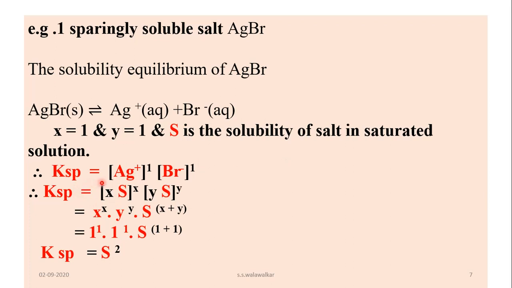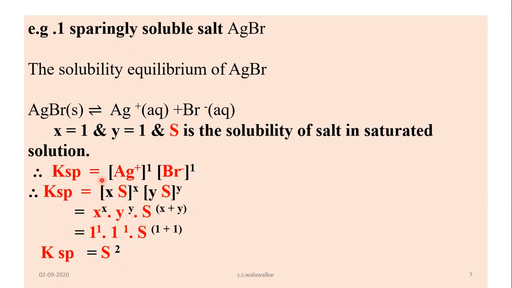Then Ksp is equal to the concentration of Ag ion raised to 1 into the concentration of Br ion raised to 1, that is the solubility product for this particular equilibrium reaction. Now therefore X into S raised to X into Y into S raised to Y. Therefore X raised to X into Y raised to Y into S raised to X plus Y.